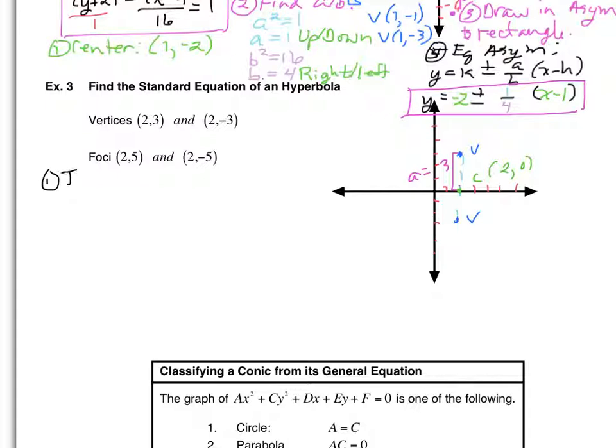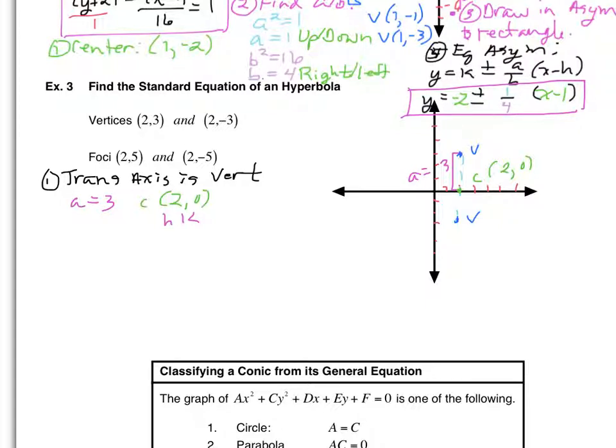So our transverse axis is vertical. Our A is 3, and our center is 2, 0. So that gave us our H and our K. So all that's left is B, correct? Well, we haven't used our foci yet.